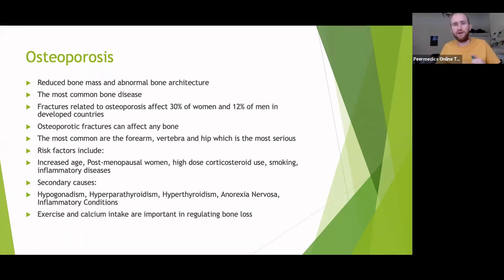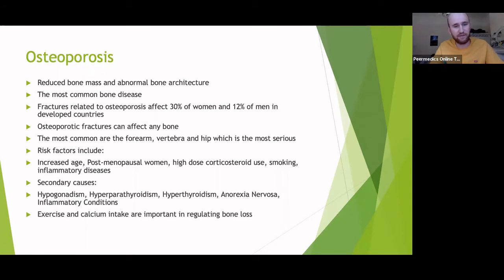In a similar way to postmenopausal women, hypogonadism, linked in with anorexia nervosa, is a cause as well. You get that lack of estrogen again, causing what we've already discussed, and then that reduced bone mass.